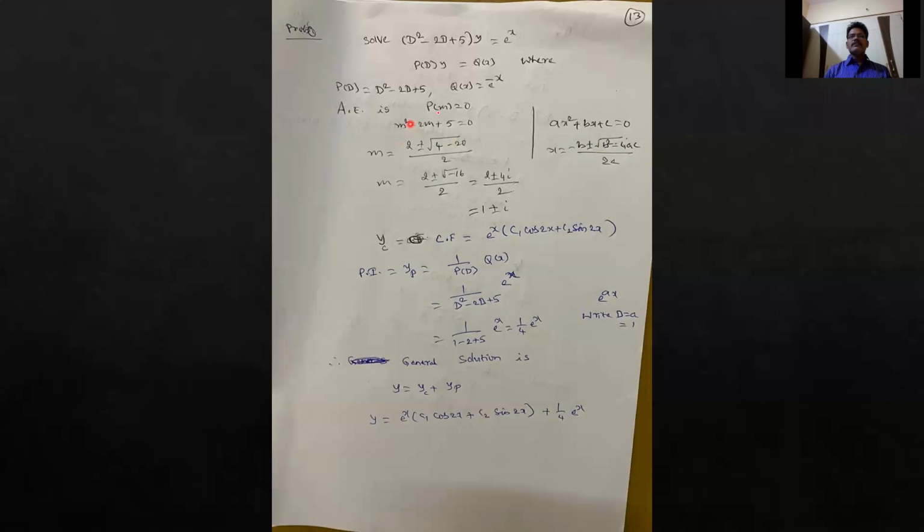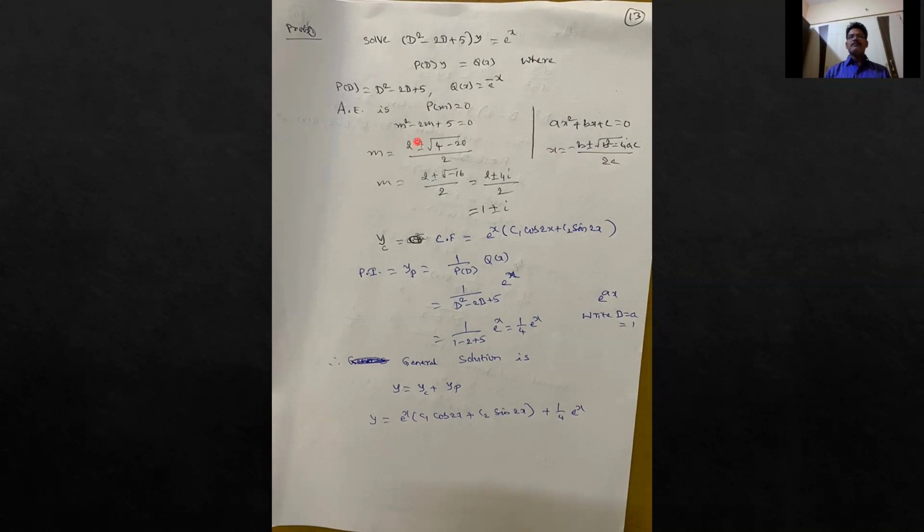So here the auxiliary equation is P(m) equals 0. That is m square minus 2m plus 5 equals 0. So m is equal to, we know that the roots of the quadratic equation ax square plus bx plus c equals 0 are x equal to minus b plus or minus root of b square minus 4ac by 2a. Here, comparing with, in place of x, m is there. a is 1, b is minus 2, c is 5.